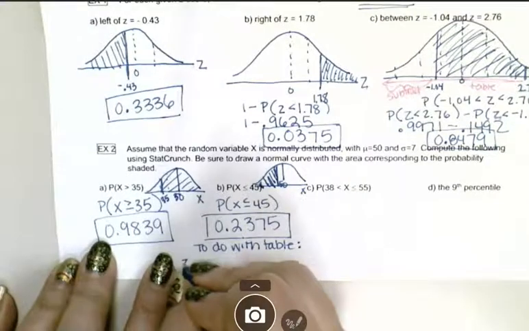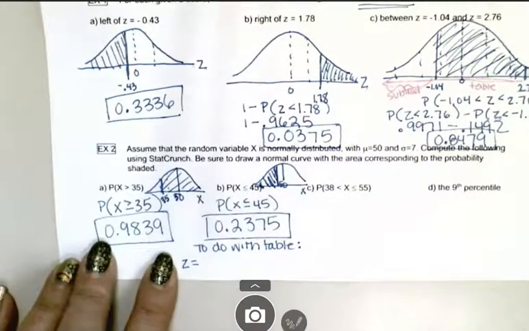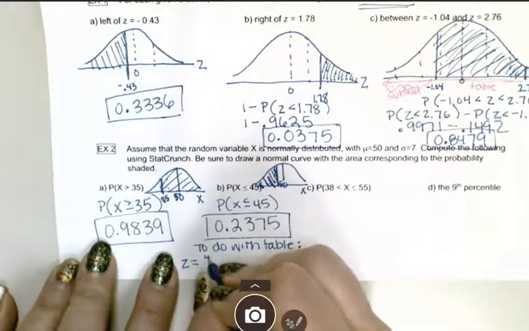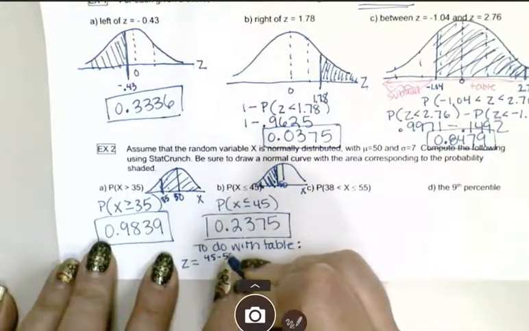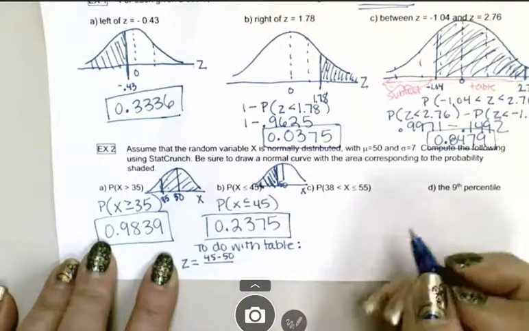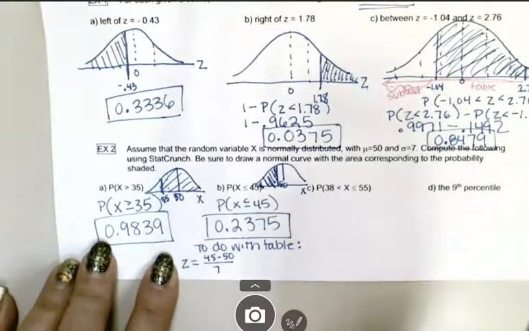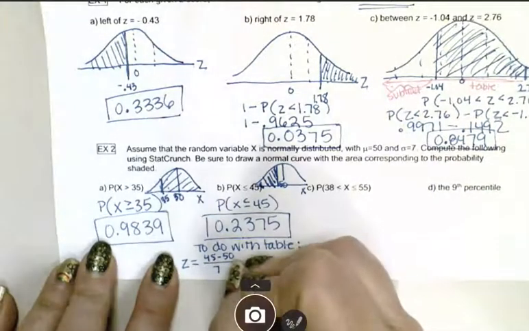So first I find the z-score. So x minus mu, so 45 minus the mean, which is 50, divided by the standard deviation, which is 7. So in this case, -5 over 7.